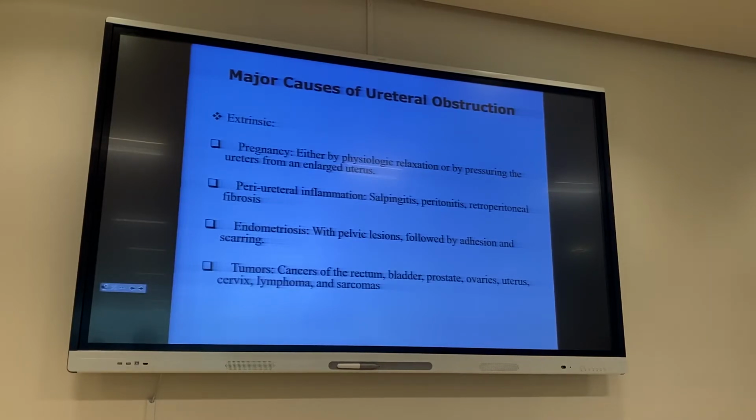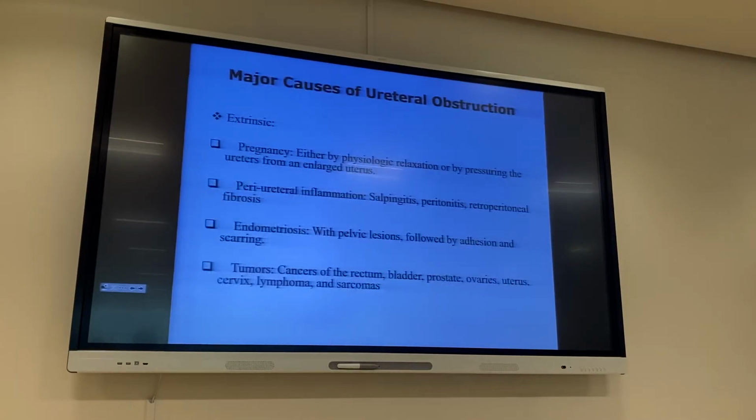Any tumor that arises in the vicinity of the ureter may again entrap this ureter as the tumor spreads, and that's going to be followed by obstruction. This includes tumors of the rectum, of the bladder itself, the prostate, ovaries, anywhere in the vicinity of these structures.